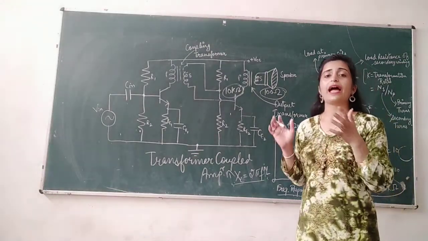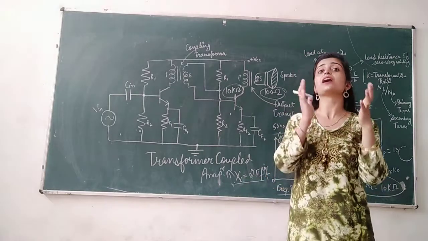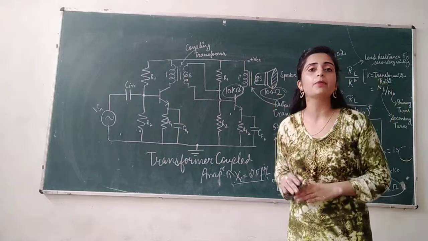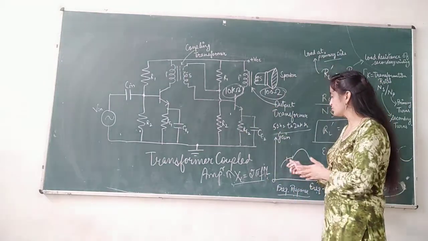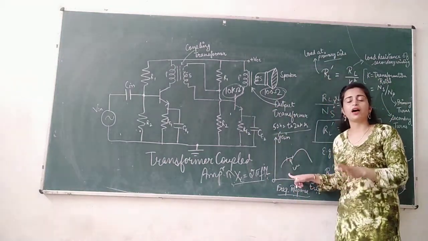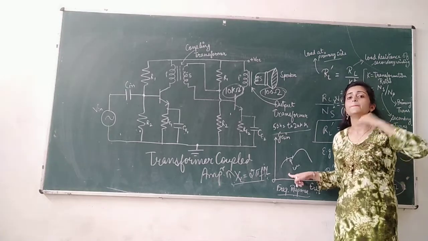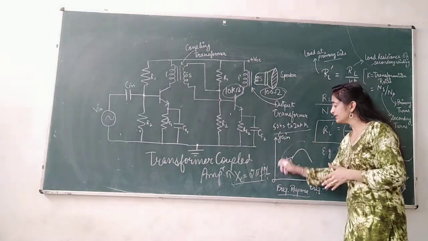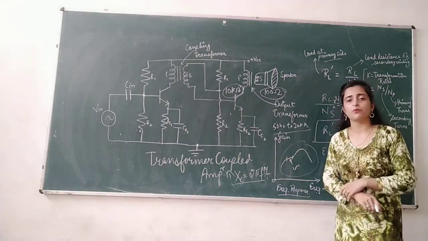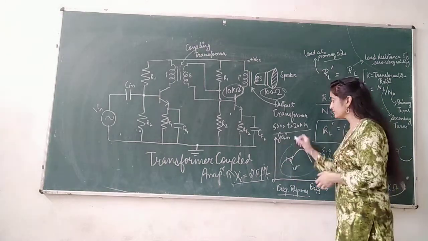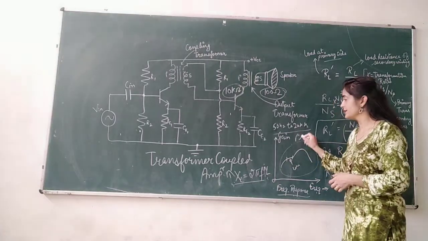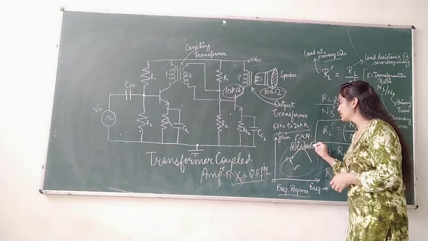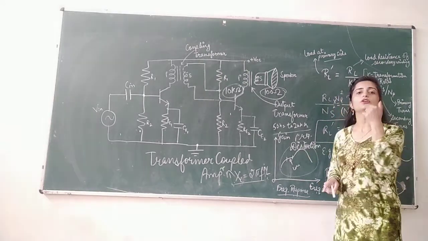So at audio frequencies, where the RC coupled amplifier was completely stable, the transformer coupled amplifier does not have a better frequency response. This kind of frequency response leads to frequency distortion.